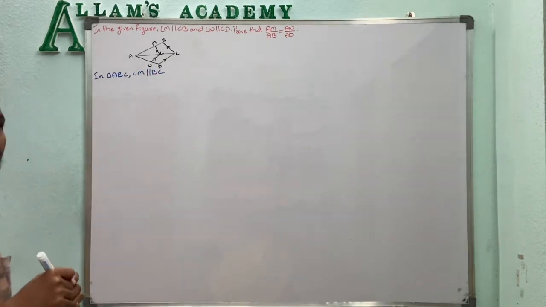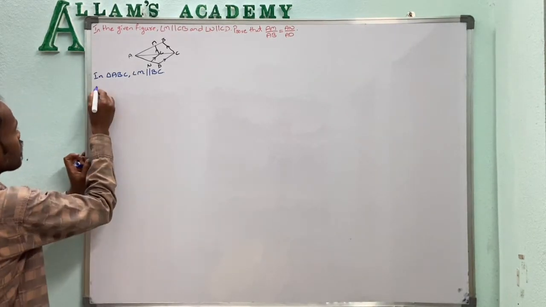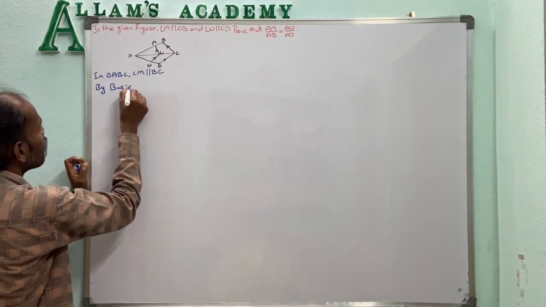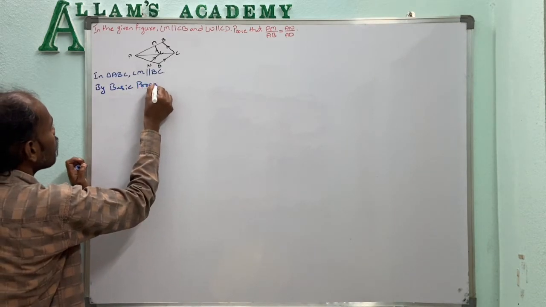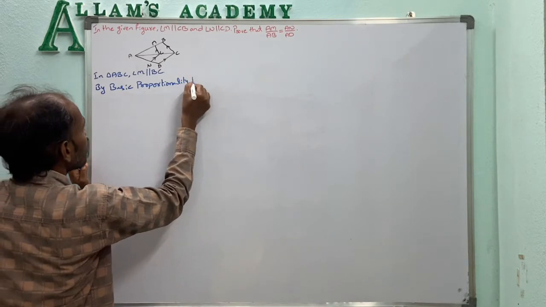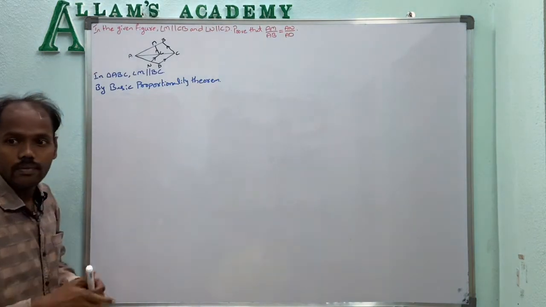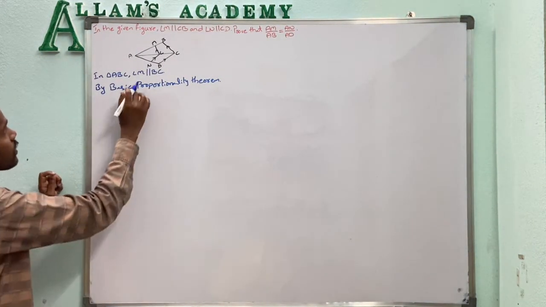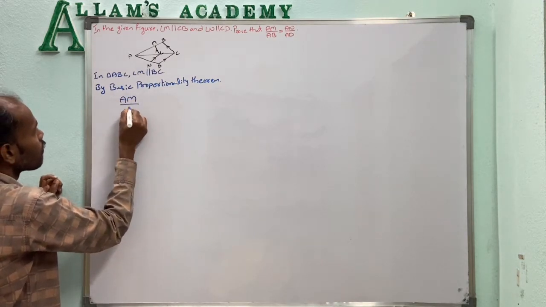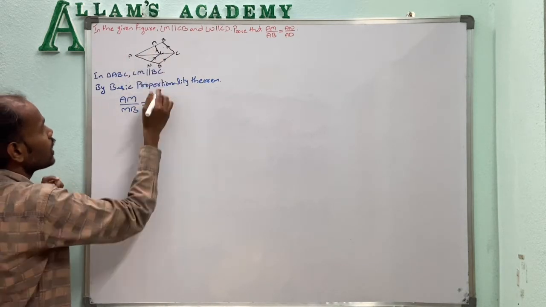So by the basic proportionality theorem, we can write AM by MB equal to AL by LC.